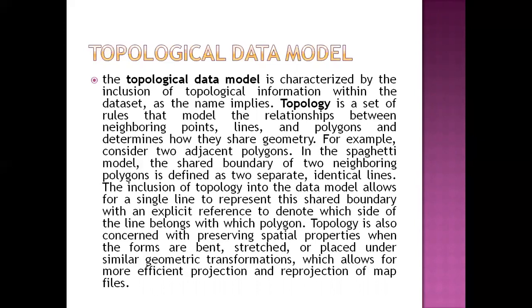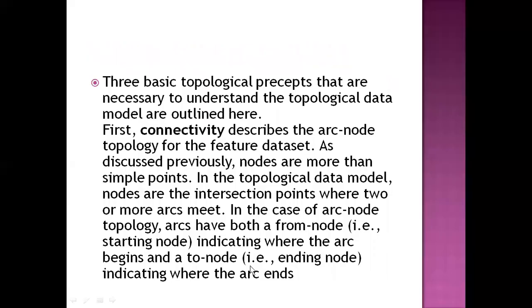Topology is also concerned with preserving spatial properties when the forms are bent, stretched, or placed under similar geometric transformations, which allows for more efficient projections and reprojections of map files.